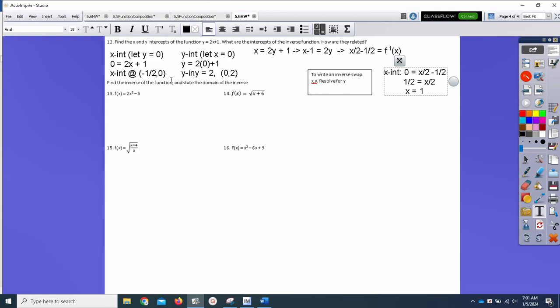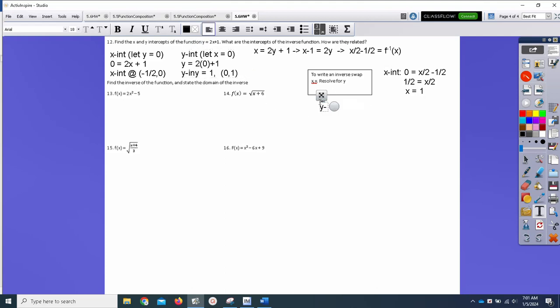Oh, because I screwed up here. That's why. 2 times 0 is not 2, it's 0. Add 1, you get 1. So notice that the x-intercept and the y-intercept have changed places. All right. I fully expect the y-intercept of the inverse to be -1/2.